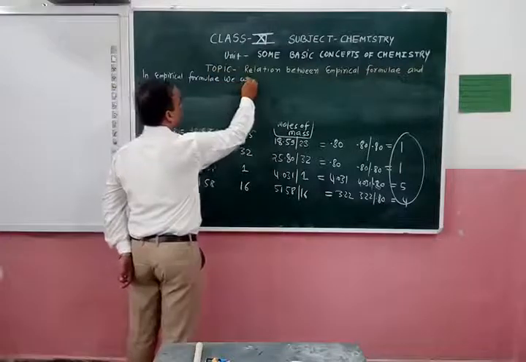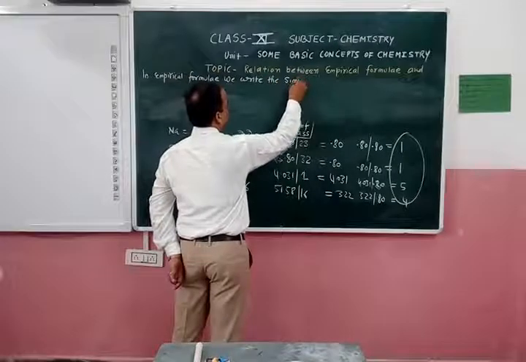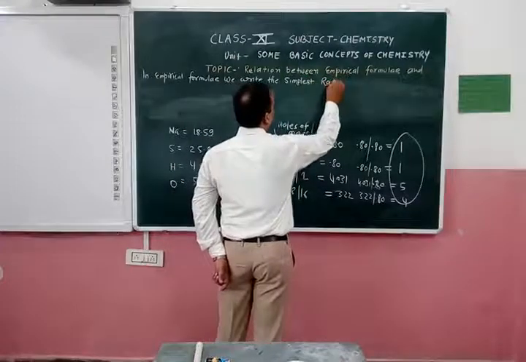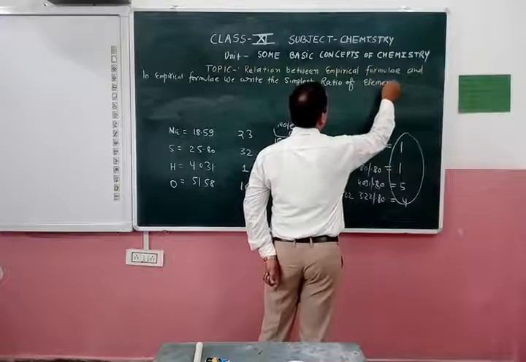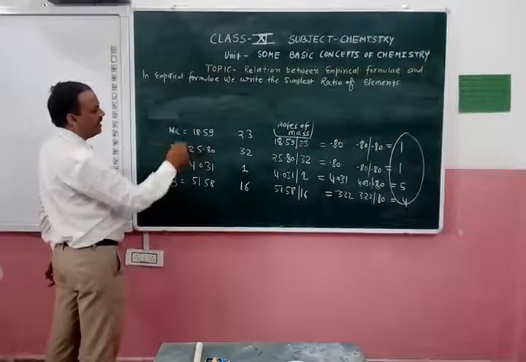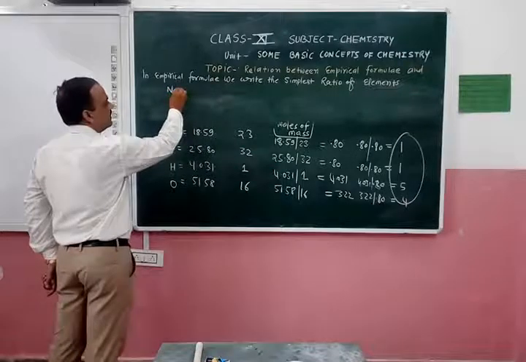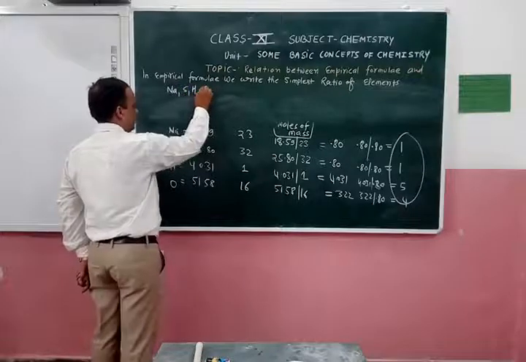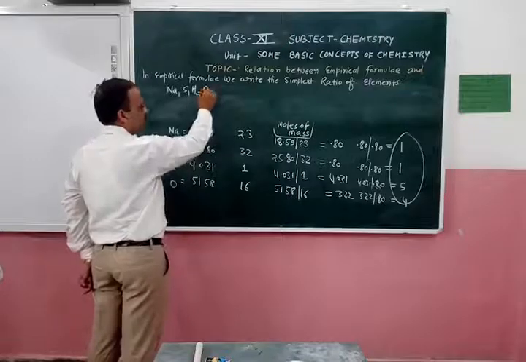And in this what we have: sodium 1, then sulfur 1, hydrogen 5, oxygen 4.